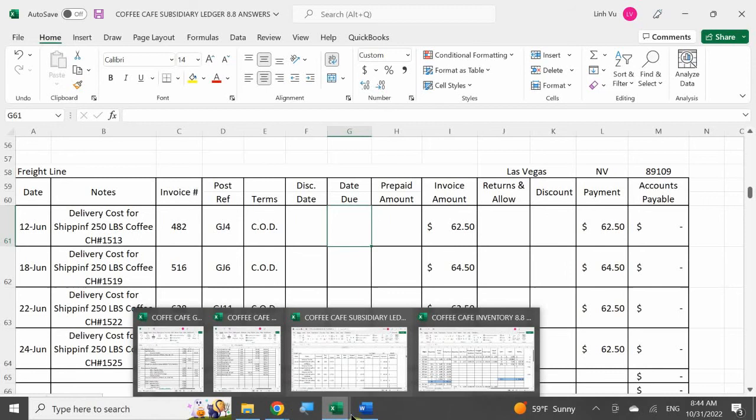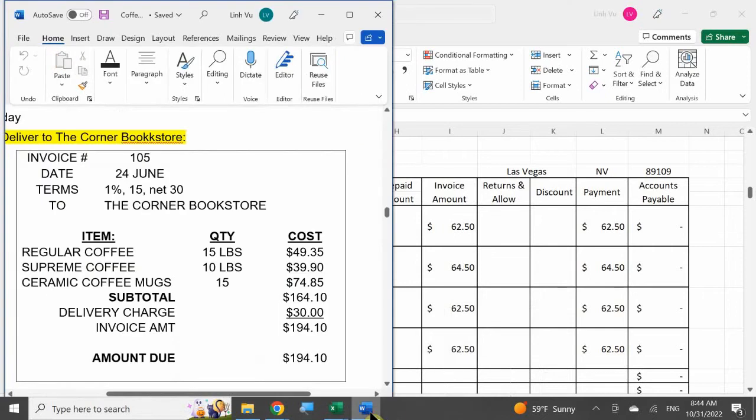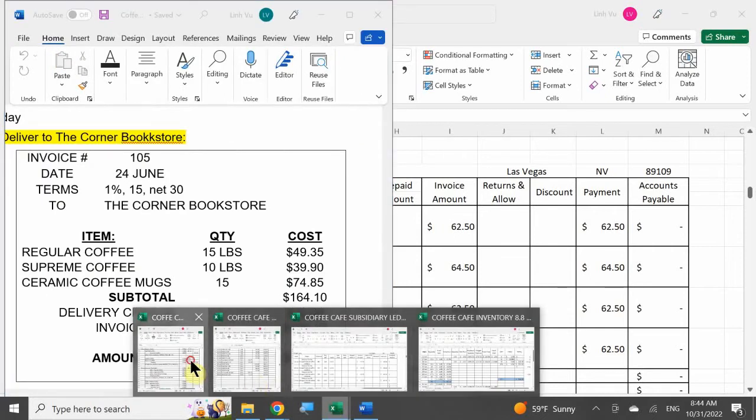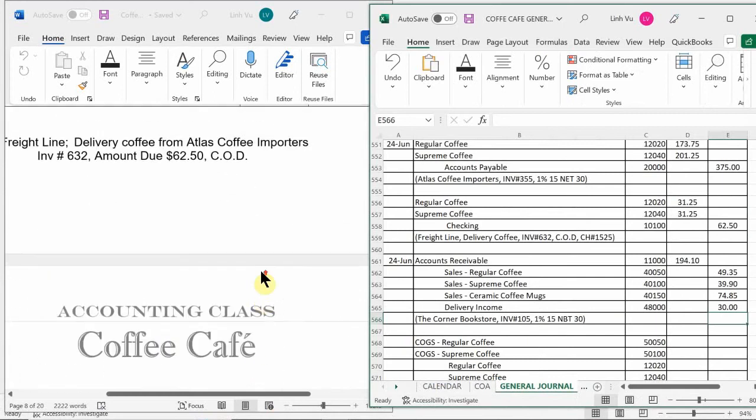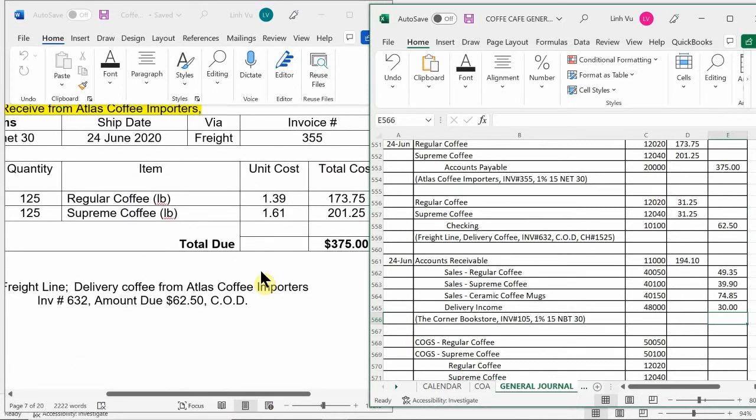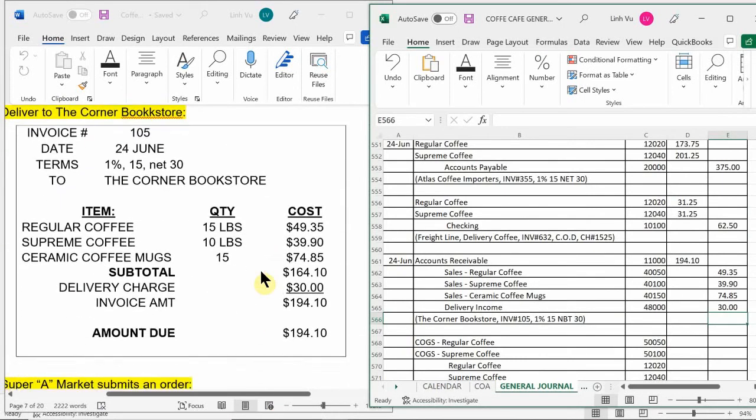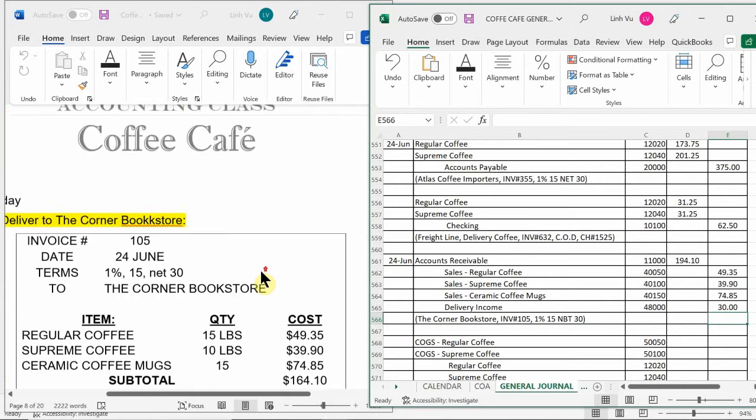Who delivered the coffee to the corner bookstore? It was Freight Line. Okay, can I see? Freight Line was for the coffee from before, from Atlas.